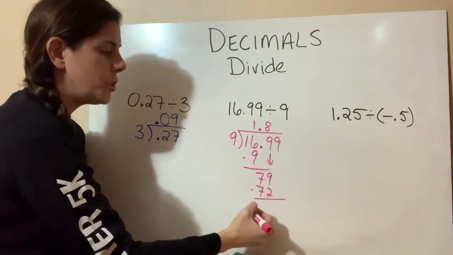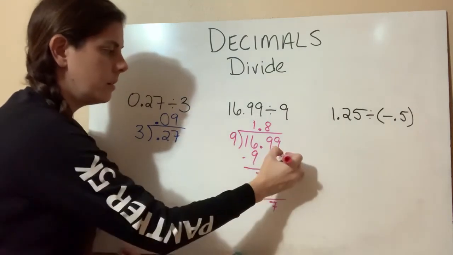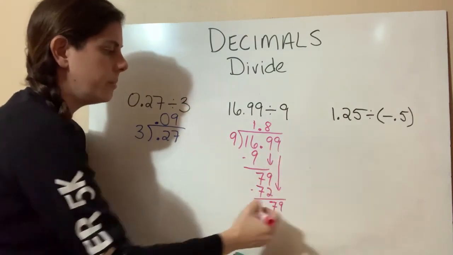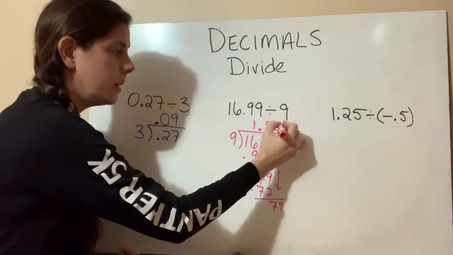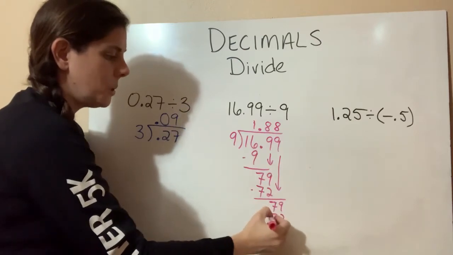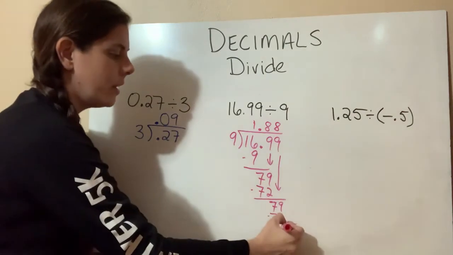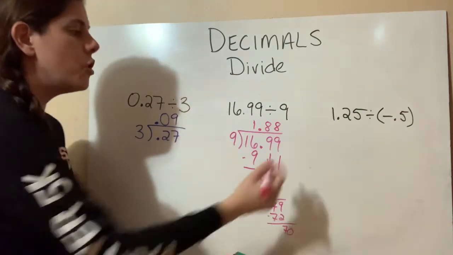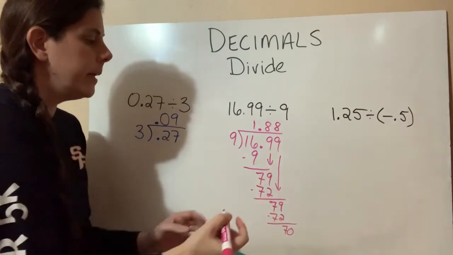9 minus 2 is 7. Bring down our 9. 9 goes into 79 again. How many times? 8. So 8 times 9 is 72. And we can see it's just going to keep going on forever and ever. So for these, if you wanted to, you could add zeros and keep bringing them down.